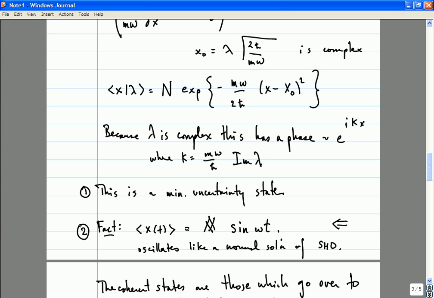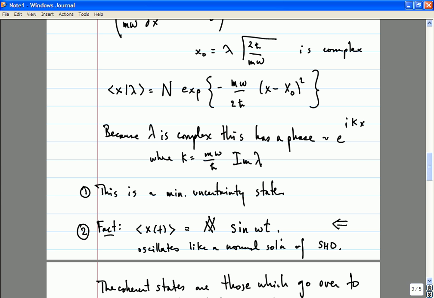We always think of minimum uncertainty states as being as close to classical as possible, because they're the states for which we minimize the variance in x and p, subject to the fundamental quantum constraint that h bar is non-zero. And second, and more importantly, the observables that you compute in the minimum uncertainty state evolve exactly like the observables of a classical harmonic oscillator.